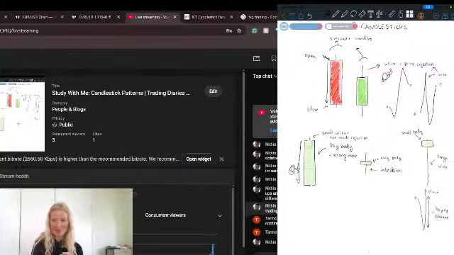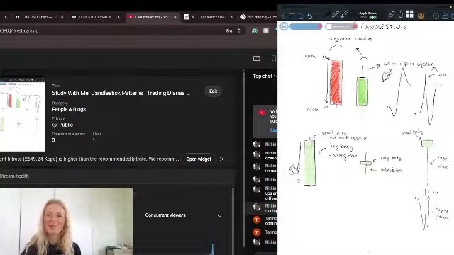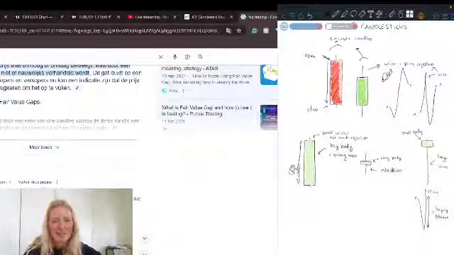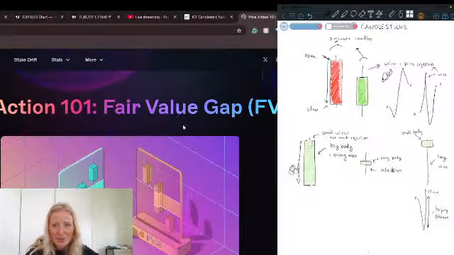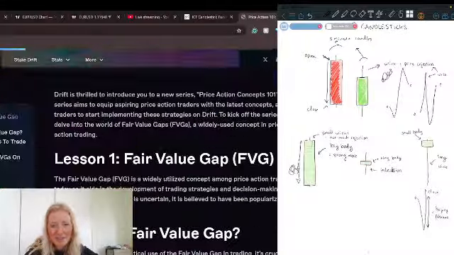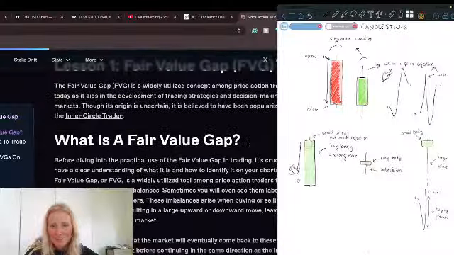So you see a big candle, and then what do you do with the big candle? Because there's a gap. What is the gap? I can also just look it up, FVG trading. Price action 101.